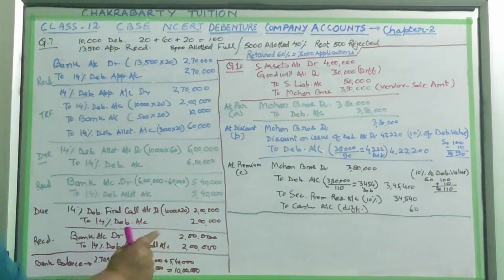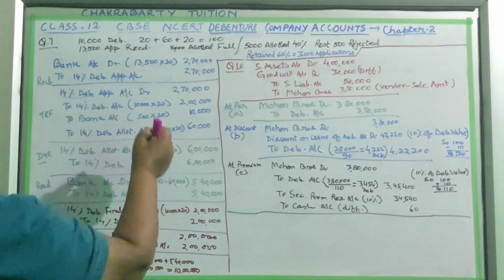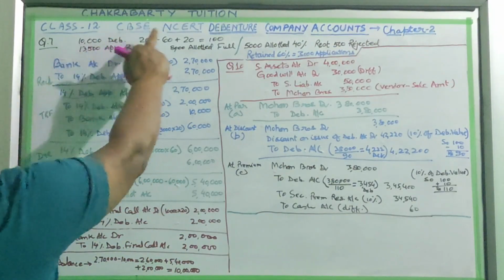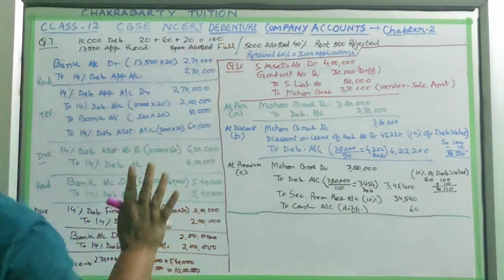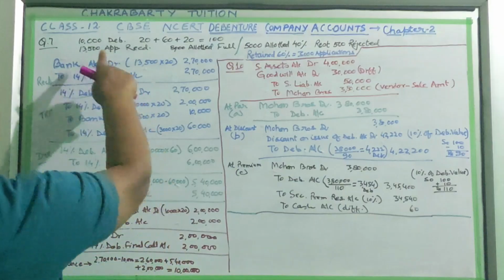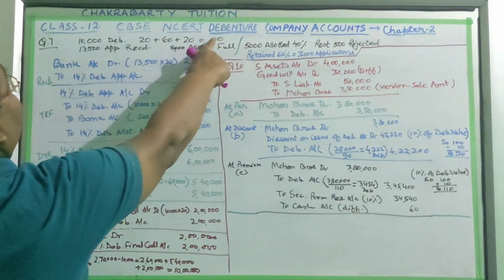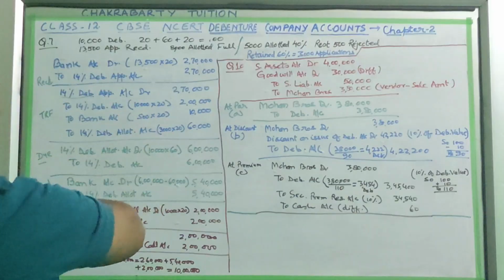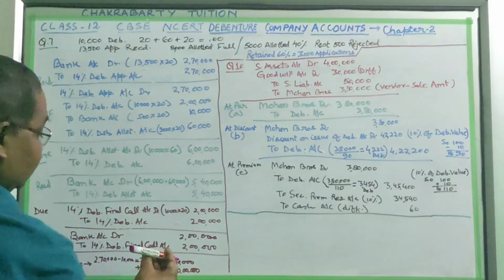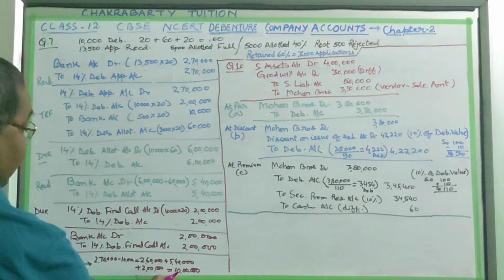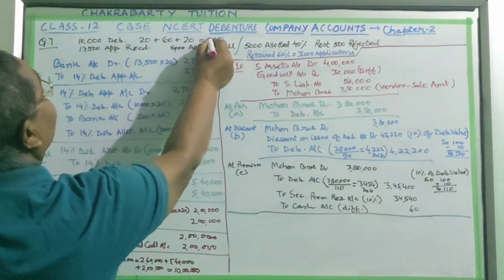So the question is over. Just to check whether for 10,000 debentures at the rate of 100 we have received the full amount: 20 plus 60 plus 20, altogether 100, so 10 lakh rupees in total should come.